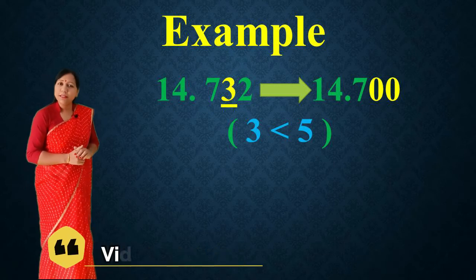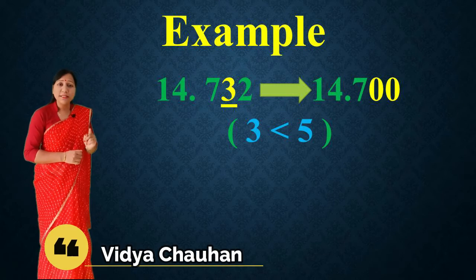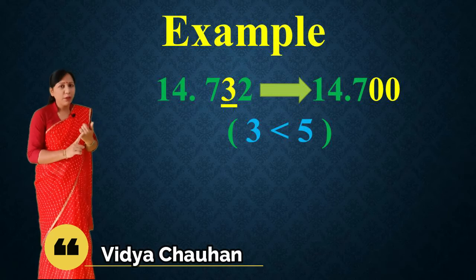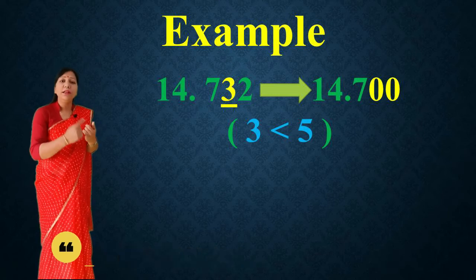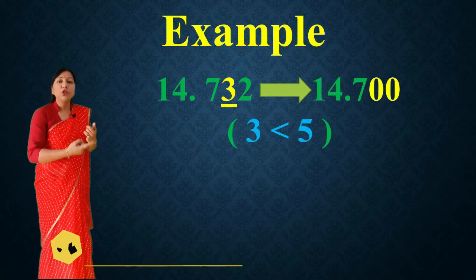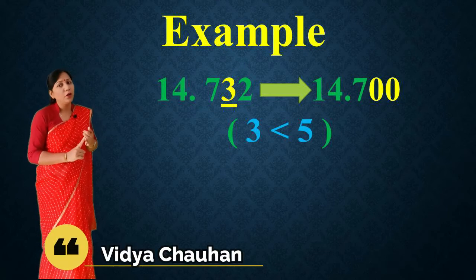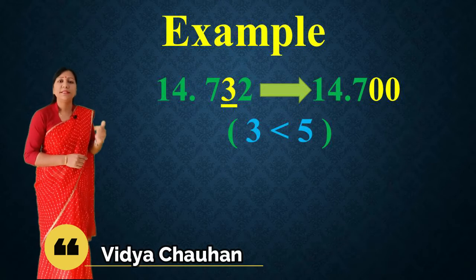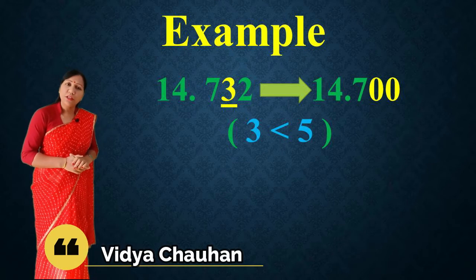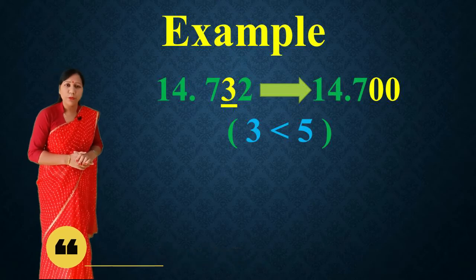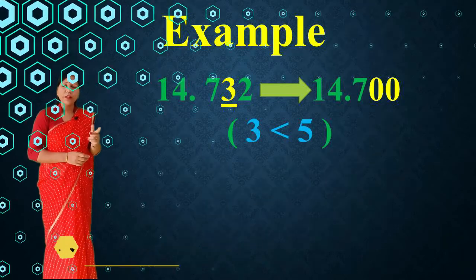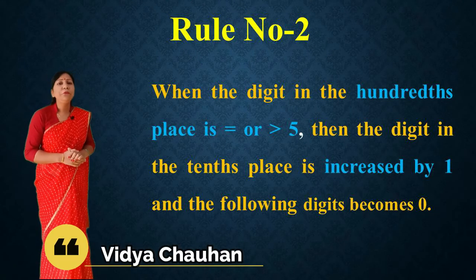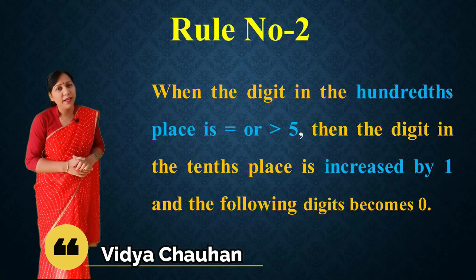Since 3 is less than 5, 3 will be rounded off to 0 and the digit after 3, which is 2, will also become 0. So the round off for 14.732 is 14.7 only. Right students?